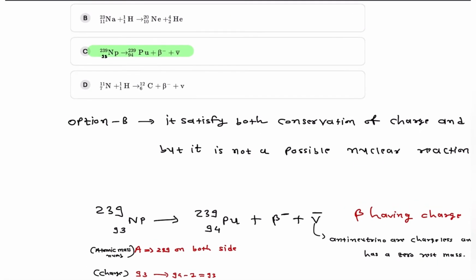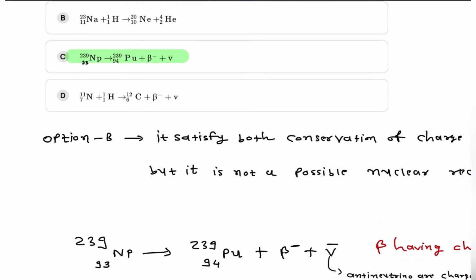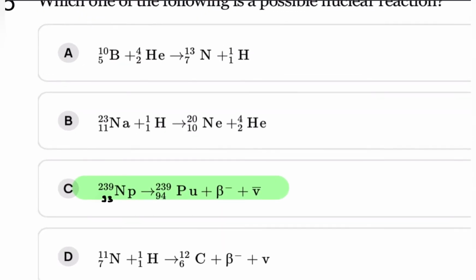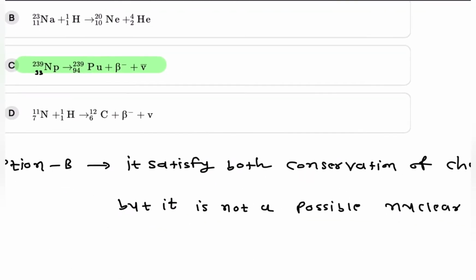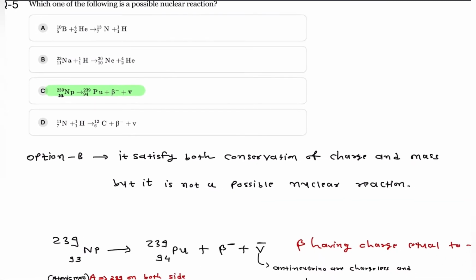So option B is 23Na11 plus 1H1, which gives 20Ne10 plus 4He2. It satisfies both the conservation of charge as well as mass.